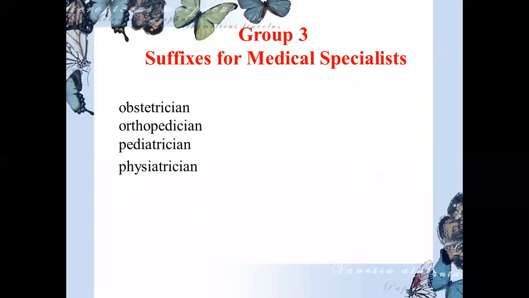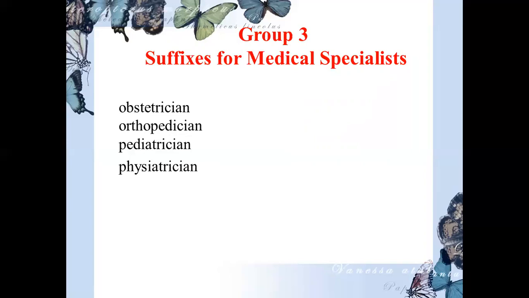Now here we have another group. The words end with "ian," so it's also specialist. So obstetrician means doctor or specialist in child delivery of babies. Next one is also orthopedist, ortho also means straighten.